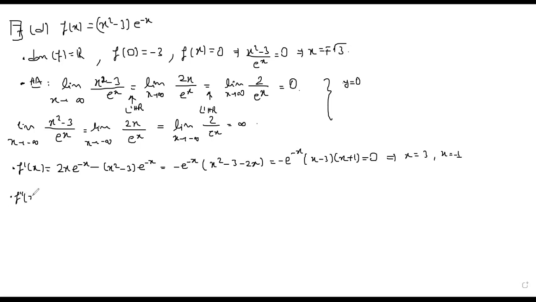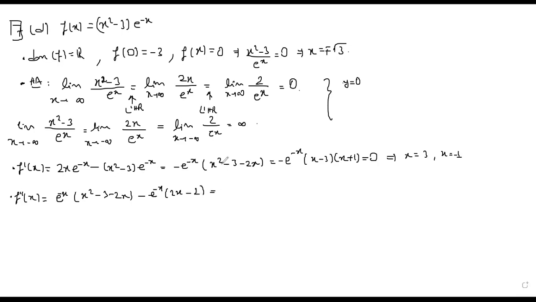Now f double prime, we take the derivative of this one. Okay, so we have a product again. Now the first one's derivative is e to the minus x times the second one, plus the first one, which is minus e to the minus x, that's why we get minus there, times the second one's derivative, which is 2x minus 2.